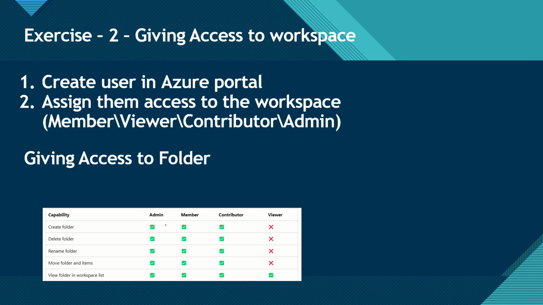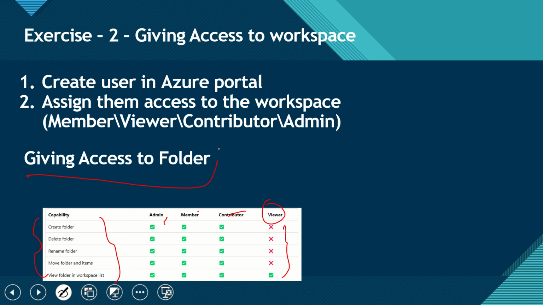For admins, members and contributors, they will have all possible options with respect to folders. All these three categories of people can create a folder, delete a folder, rename a folder, move a folder and view a folder. For viewers, the only option available is to just view. Okay, we cannot give access to a specific folder to specific people.